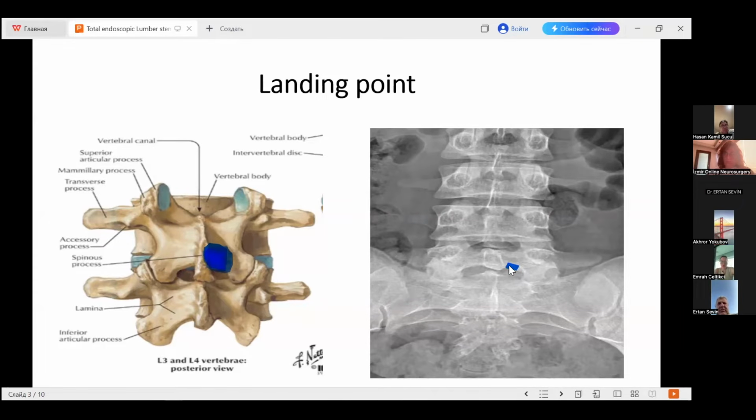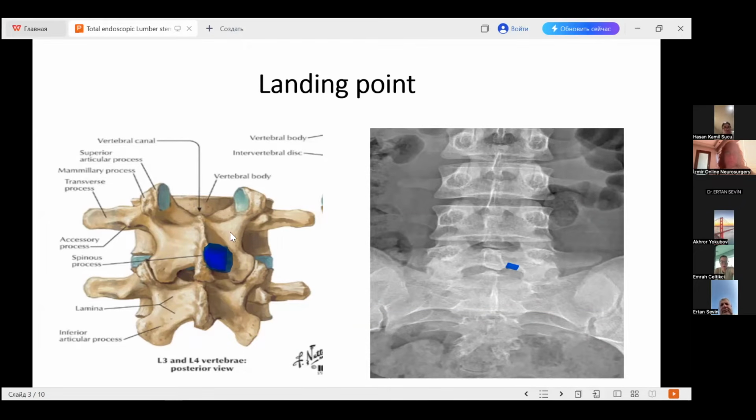This is the landing point, this is the lamina, this is the interlaminar space, this is the spinolaminar junction. If we land here, we have to remove some part of the facet. That's why this part, the spinolaminar junction, is a safe part. We don't destroy anatomical structure. We save all bone structure.